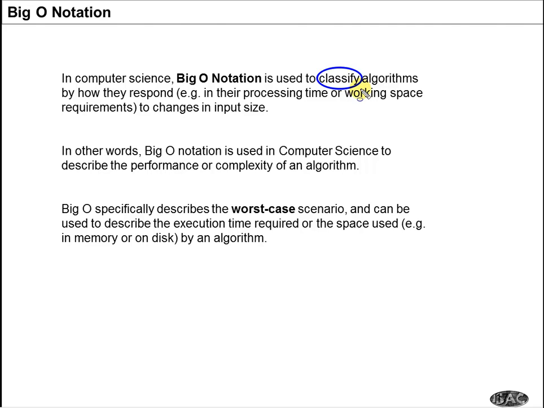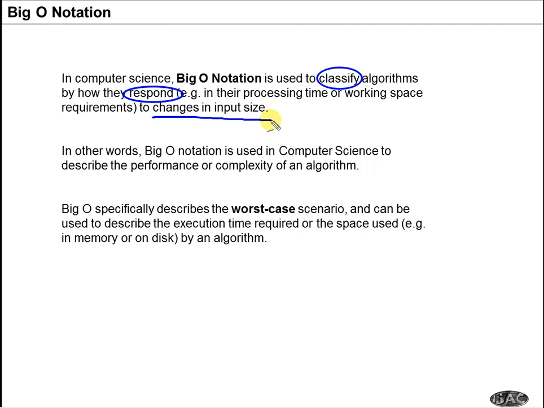Point number two, it also helps you see how they respond to changes in input size. Let us assume the data size is small, medium, large.